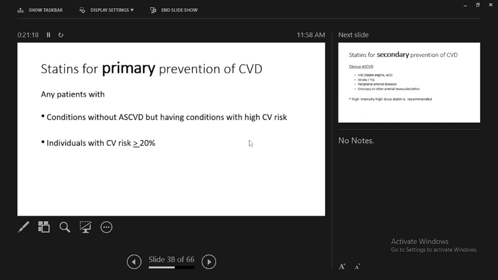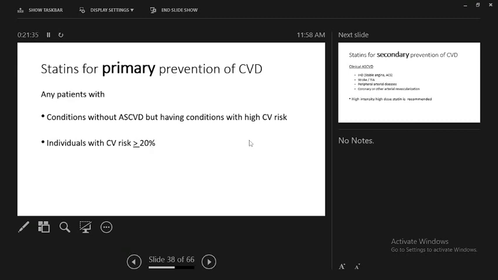The indication for statin, primary or secondary. Primary prevention is a patient who has not had any cardiovascular disease previously, but has conditions with a high CV risk, which I have already discussed.